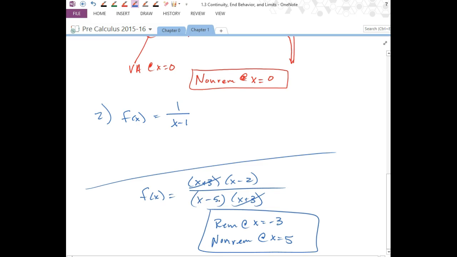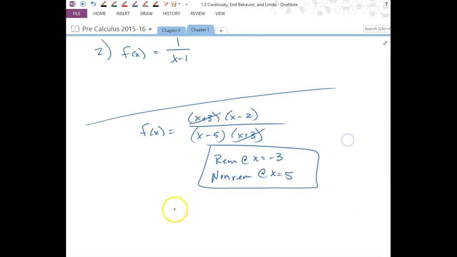Maybe I should have done that one first. Looking at the denominator, what value makes x minus 5 zero? Is there any equation that is just removable? Oh yeah. Like, what if I had x times (x plus 5) over x?